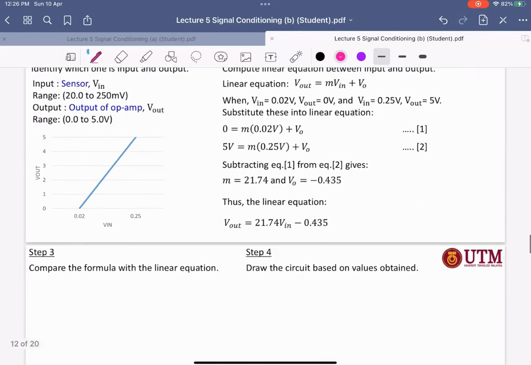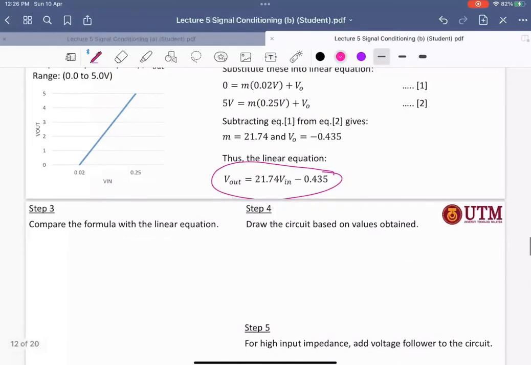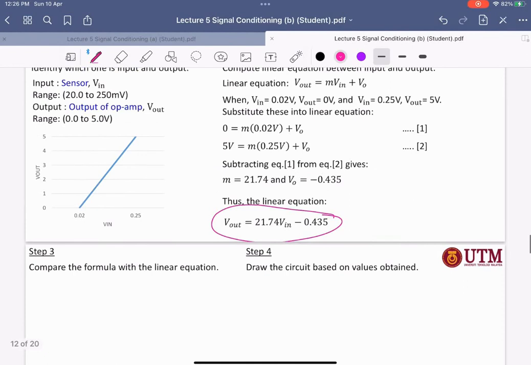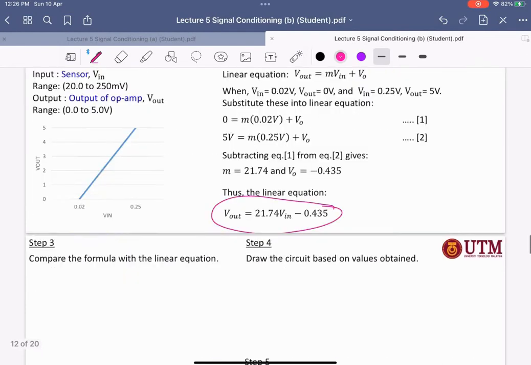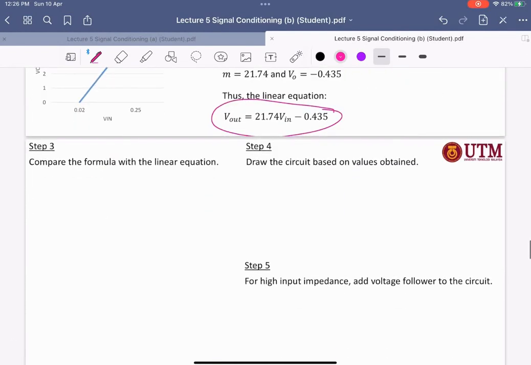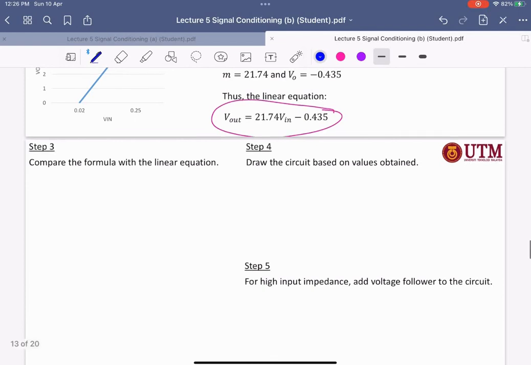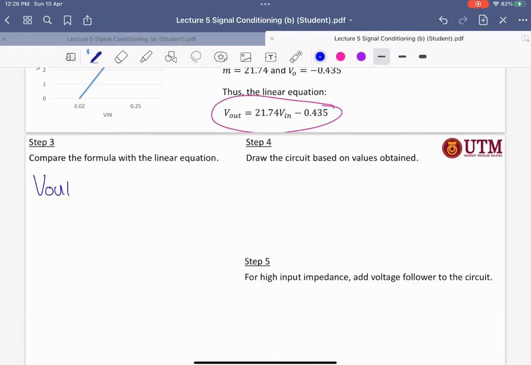After you get this equation, you can decide whether you want to use a summing or differential circuit. Let's now use the differential. The formula of the differential will be V out equal to RF divided by R1 times V2 minus V1. This is the formula.